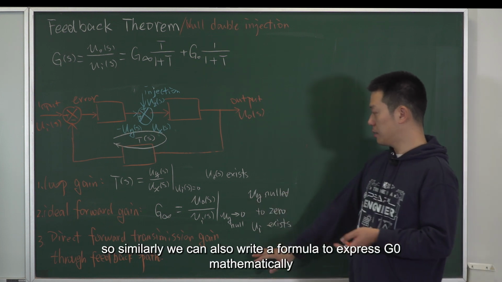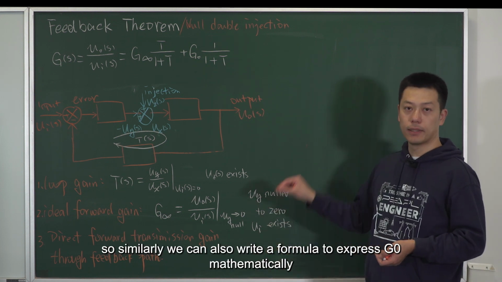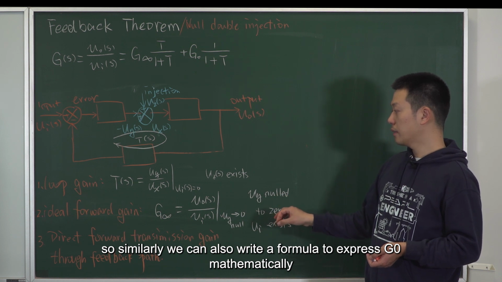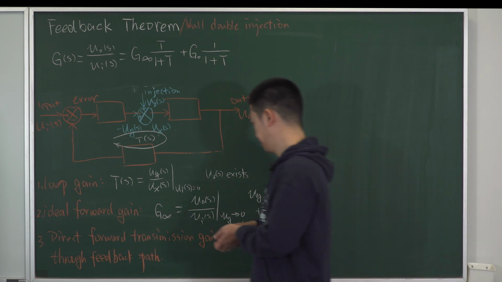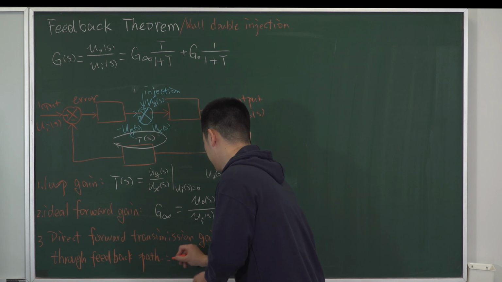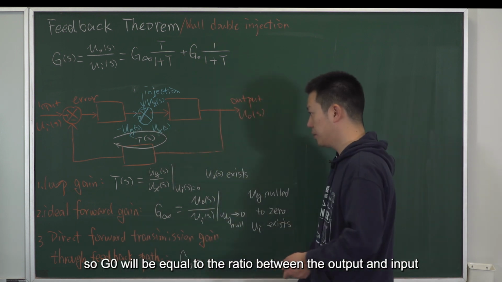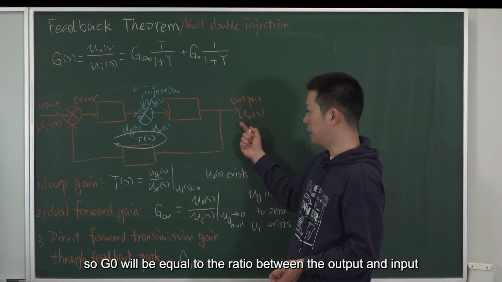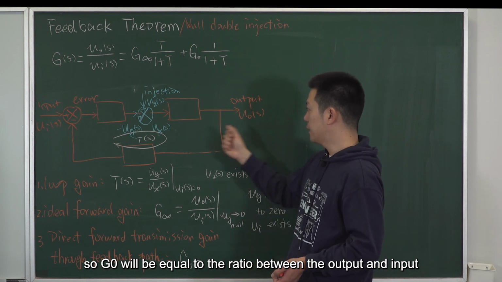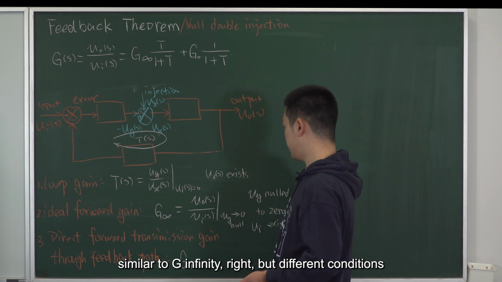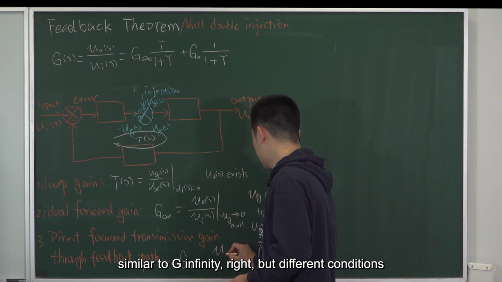So similarly, we can also write a formula to express G0 mathematically. G0 will be equal to the ratio between the output and input, similar to G infinity, right? But under different conditions.